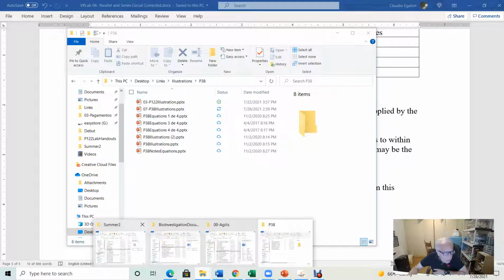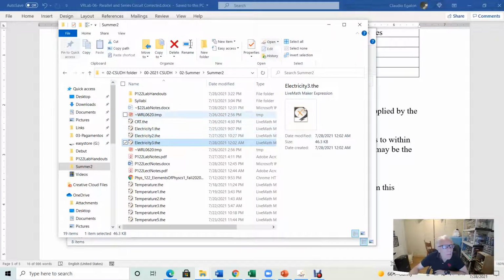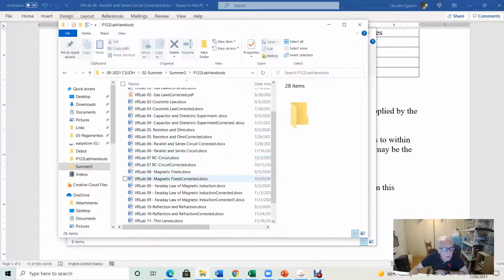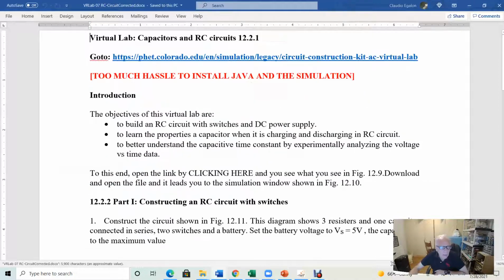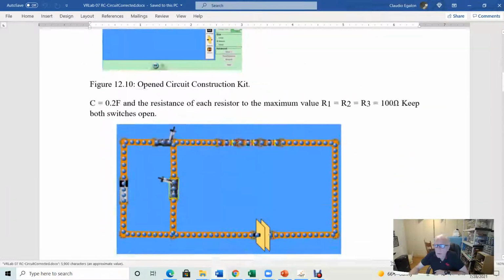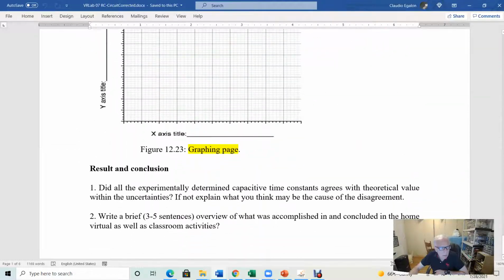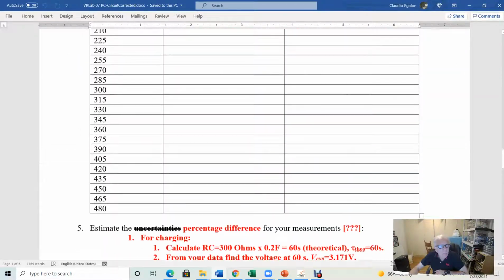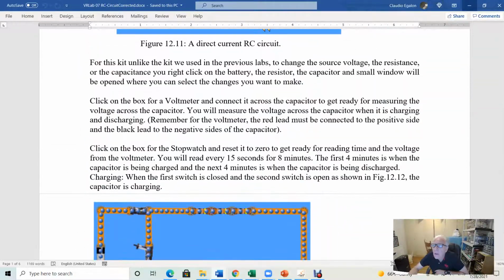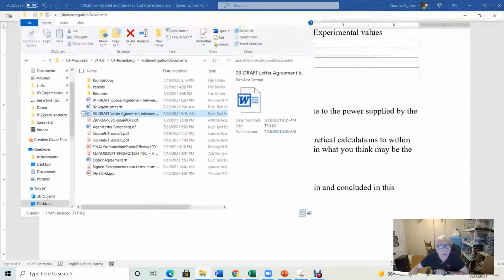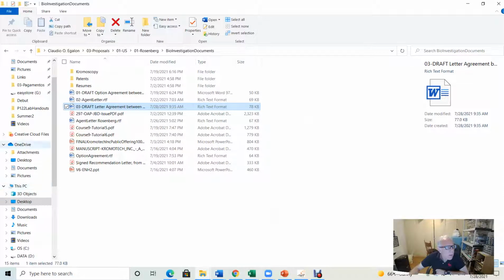Maybe we can start. This is number 6, number 7, that RC circuit. Yeah, it looks like it's a little bit long. Won't be able to do that. Let me take a look at something else. Bear with me, please.